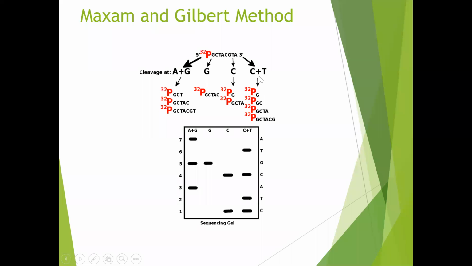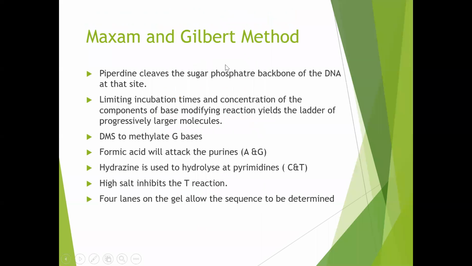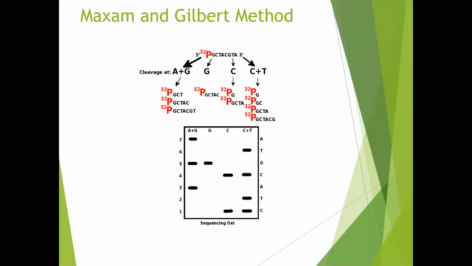So if you look at these 4 different reactions, A and G will be modified by formic acid, G will be modified by DMS, and C and T will be modified by hydrazine. If high salt concentration is there, only C will be modified. Like this, a set of fragments is formed in each of the 4 parallel reactions.